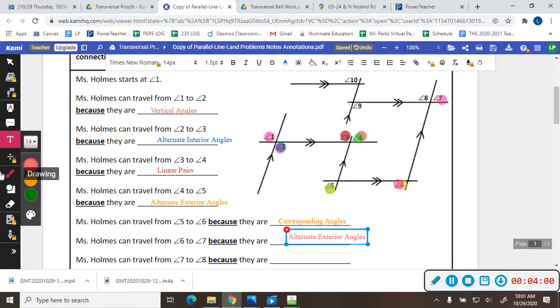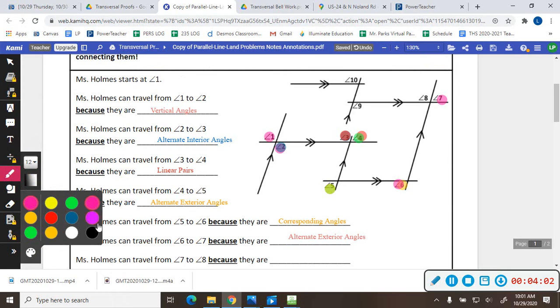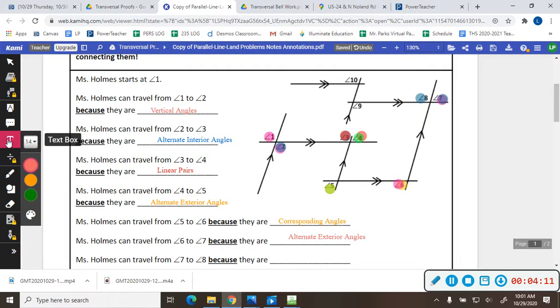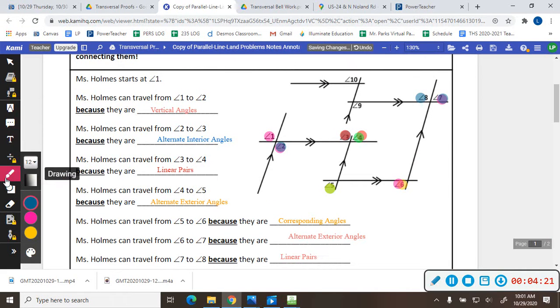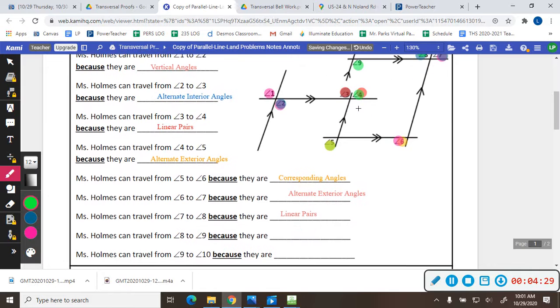And then from 7 to 8 because they're linear pairs. And then from 8 to 9 because they're alternate interior.